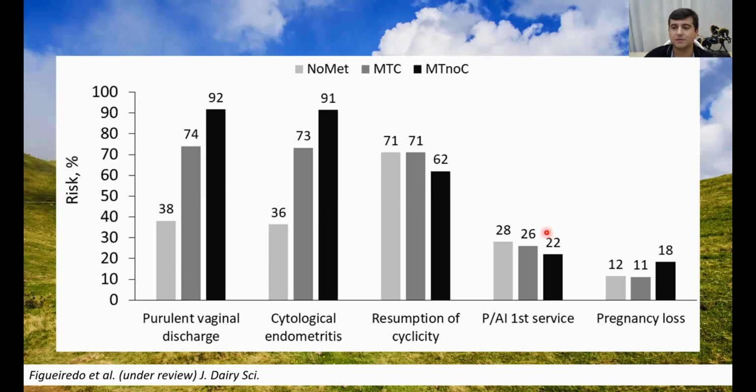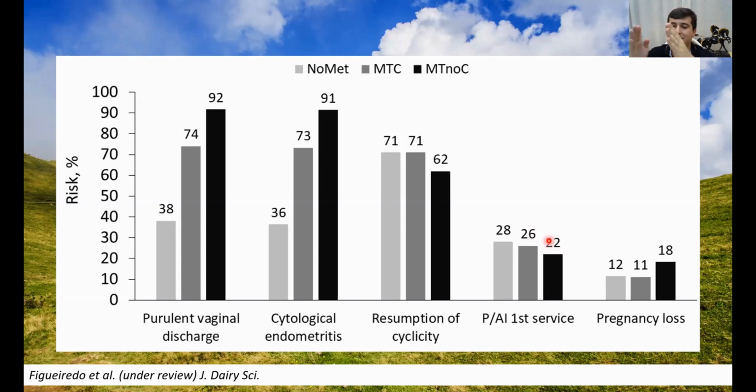There are other studies that compared animals without metritis and animals with metritis, and they found a statistical difference. For example, there is a study from University of Florida, Dr. José Santos, published in 2010. They found a statistical difference. In 2013, another study from University of Florida, Ribeiro et al., found a statistical difference in pregnancy per artificial insemination in the first service.